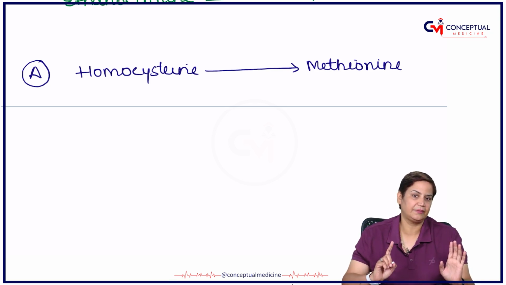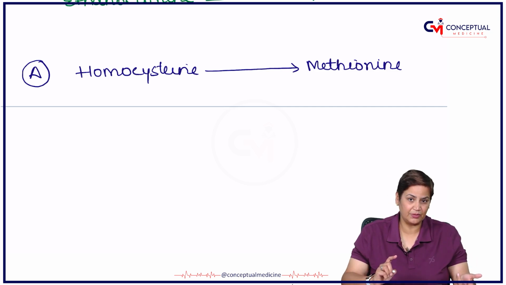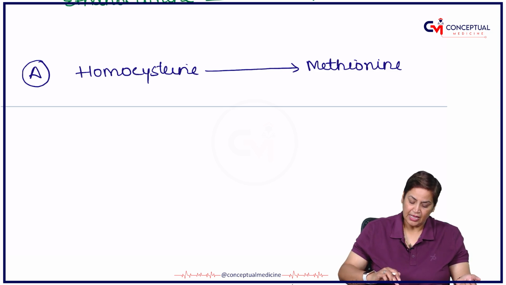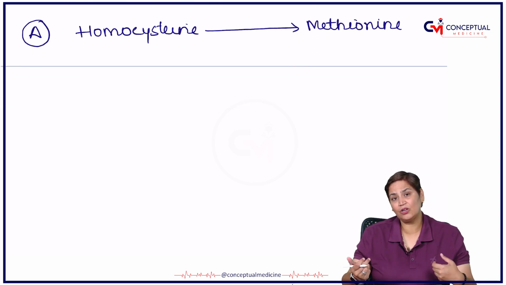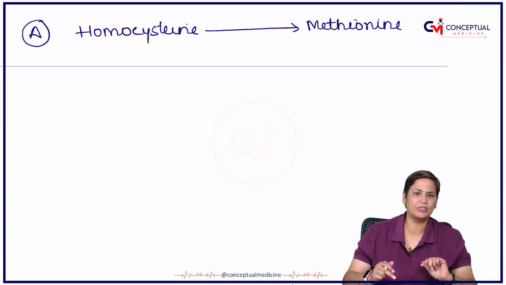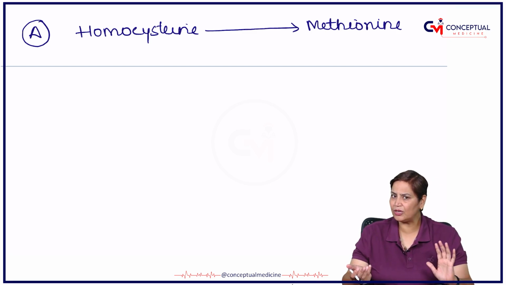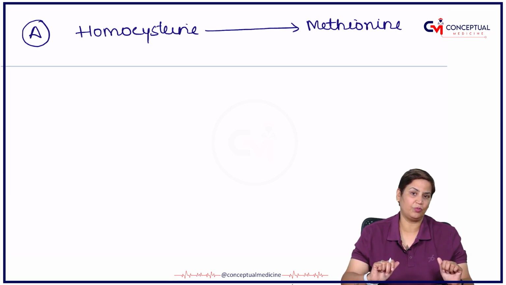And this is one reaction in which B9 and B12 are acting as best friends with respect to one another. Now see, if methionine is giving a methyl group, it is being converted into homocysteine. If we put a methyl group into homocysteine, it will be converted back to methionine. As simple as that.